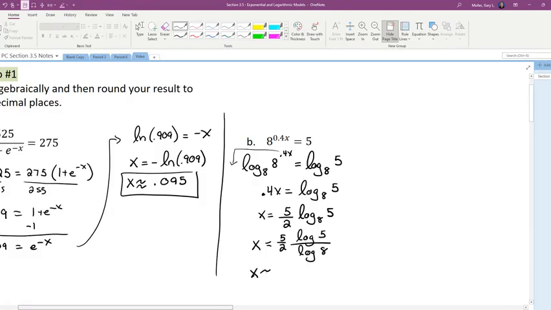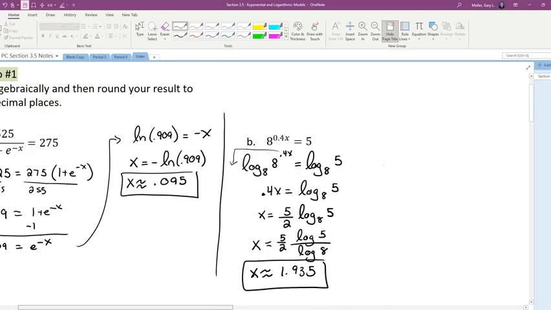So then Mr. Calculator, and I get, let's see, log of 5, enter, divided by log of 8, enter, multiply by 2.5. And I get approximately 1.935.